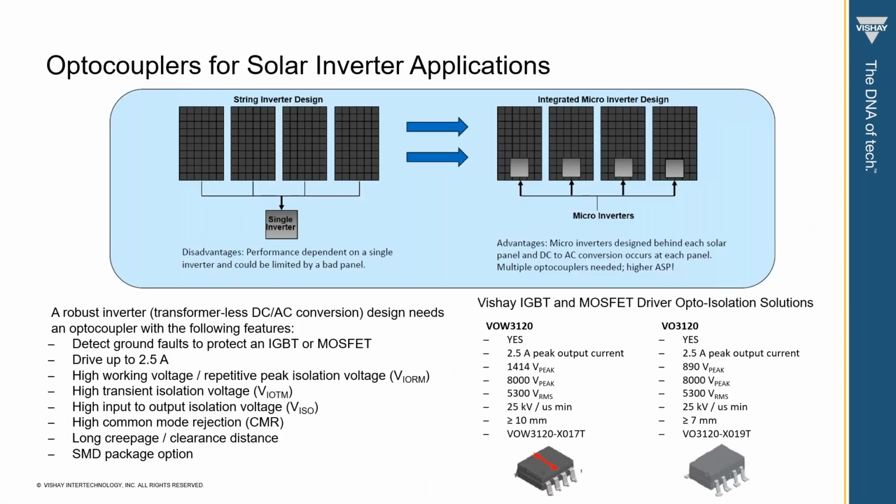The advantage of the micro inverter design is that every panel has its own inverter, so even if one single panel has a problem, the efficiency, the MPPT, and all the performance will be optimized.